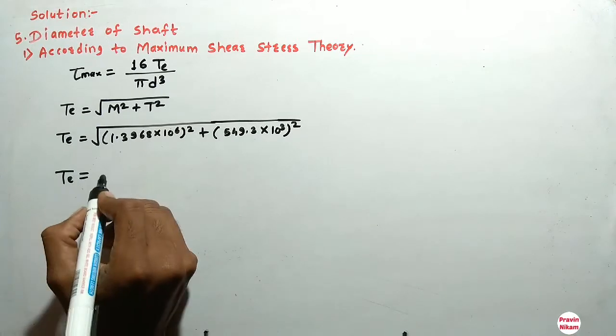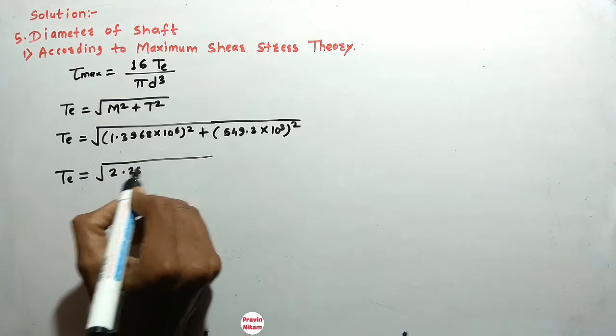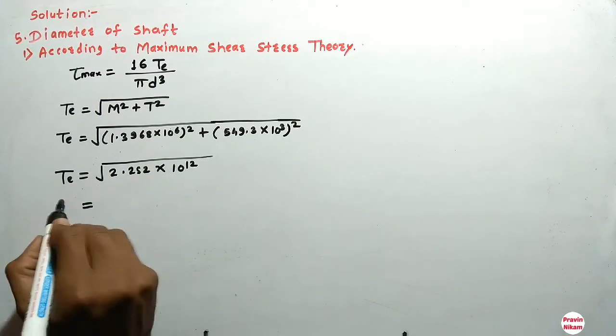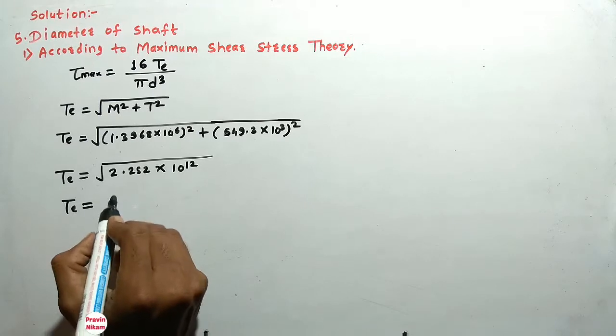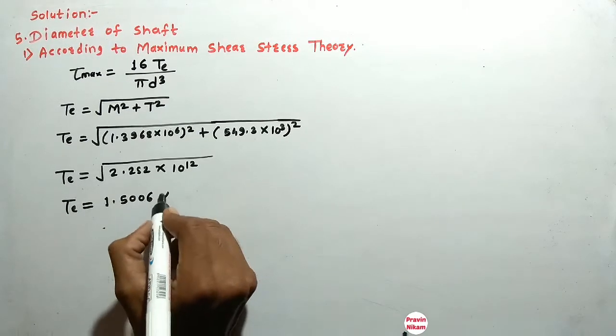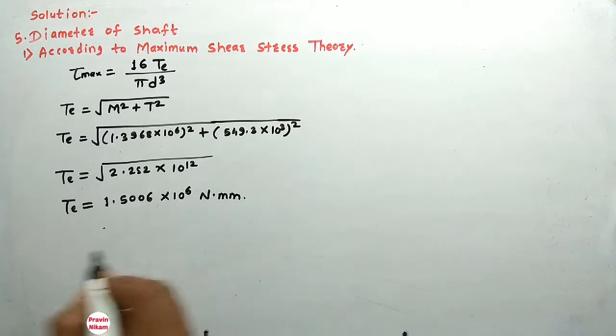So the equivalent twisting moment T_e, you can calculate by using your calculator, becomes 1.5006 into 10 raised to 6 Newton mm.